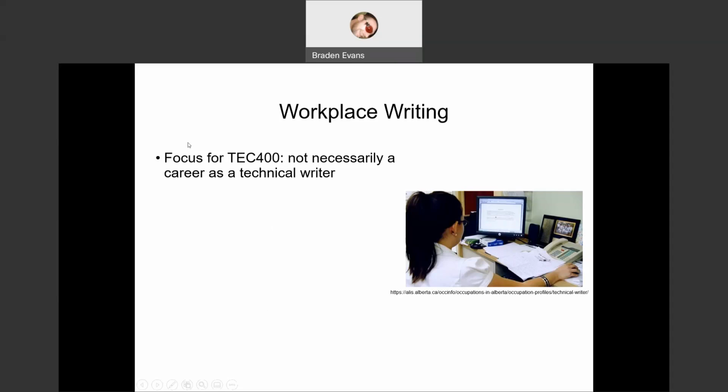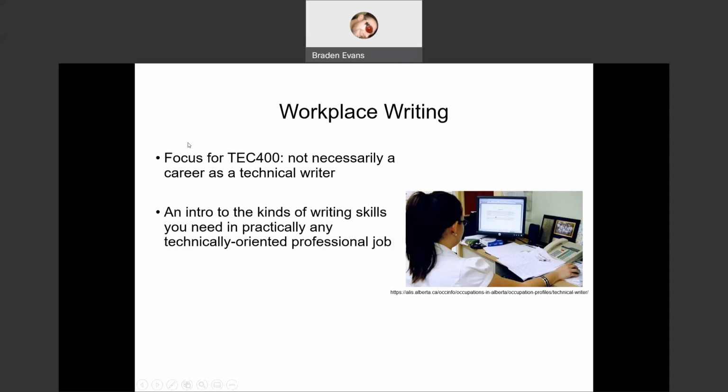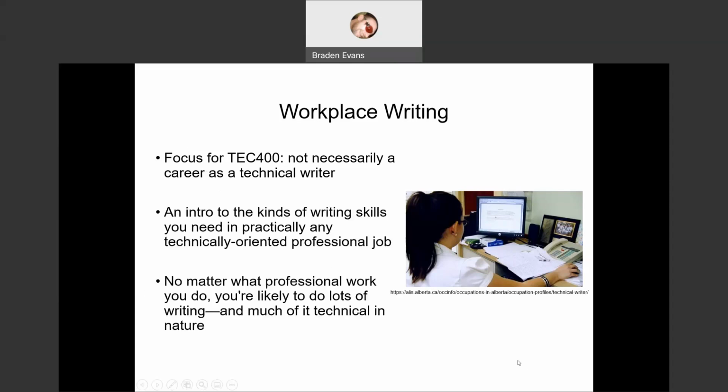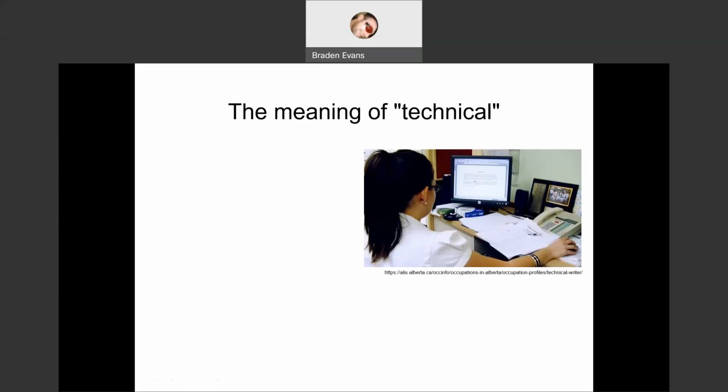So you need to be able to communicate clearly. It's an introduction to the skills you need to develop to become a proficient communicator in a technical industry. Keep that in mind. We're not trying to transform you into a technical writer. That would be too much for the scope of this course and your program.